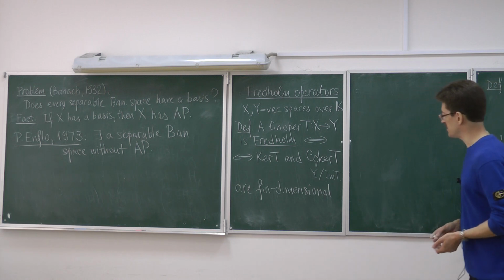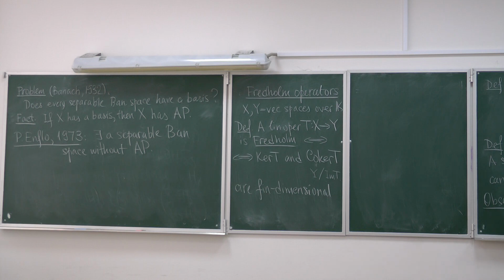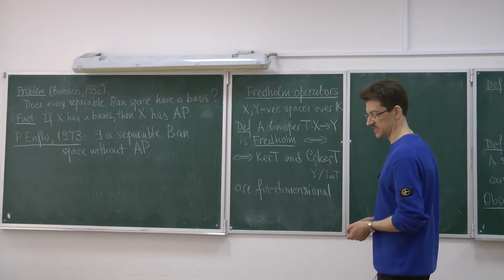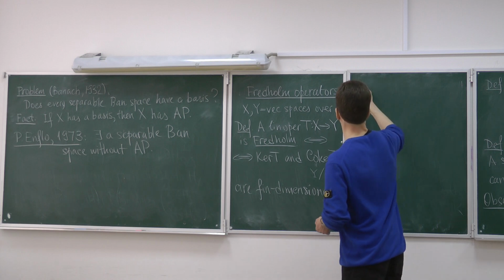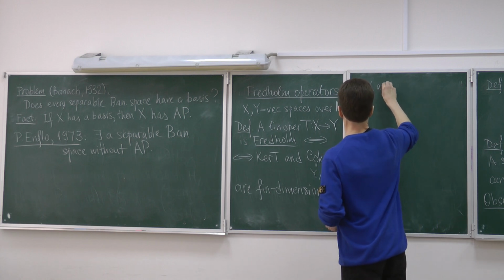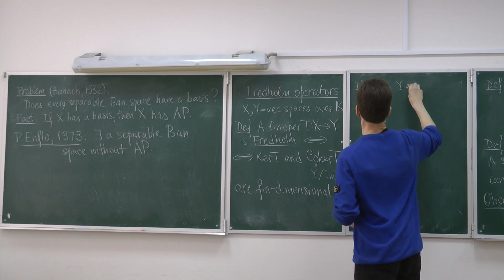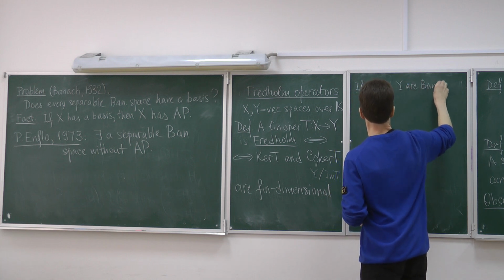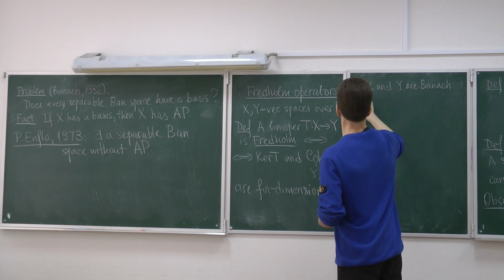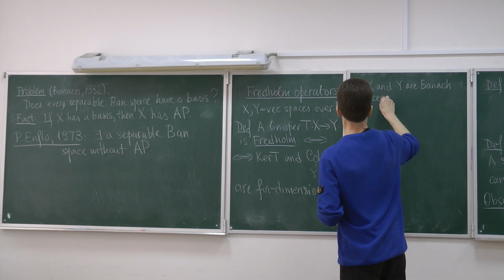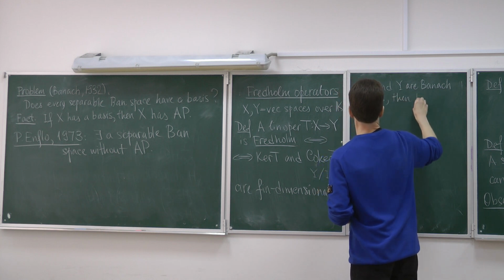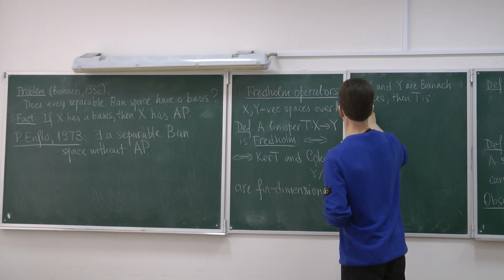But of course, we will be most interested in the case where X and Y are Banach spaces. And in this case, we will always assume that T is bounded.